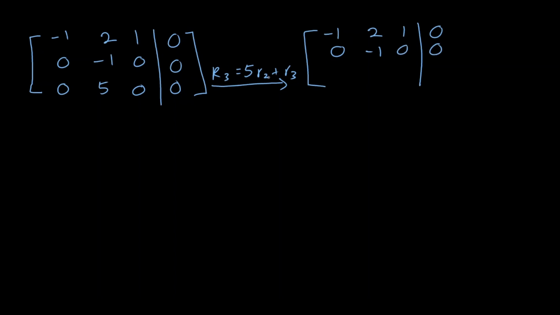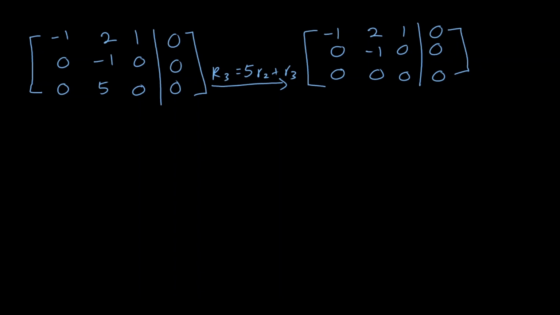So 5 times row 2 plus row 3. 5 times 0 is 0 plus 0, 0. 5 times negative 1 is negative 5 plus 5 would give us 0. And the rest of row 3 would also be zeros.